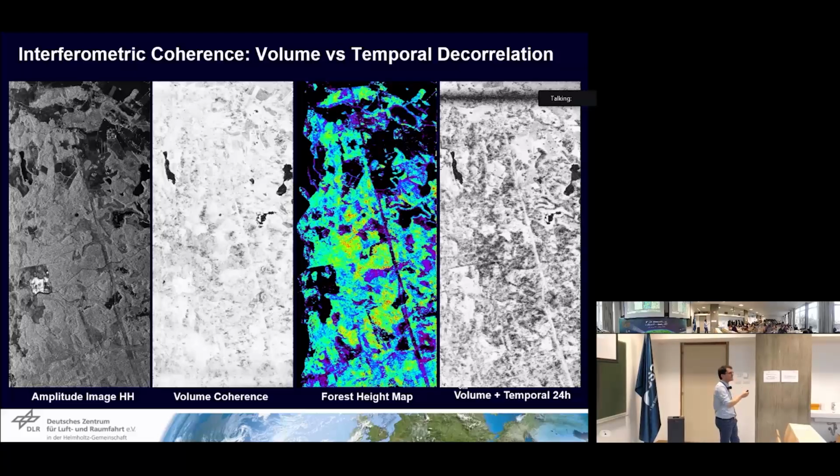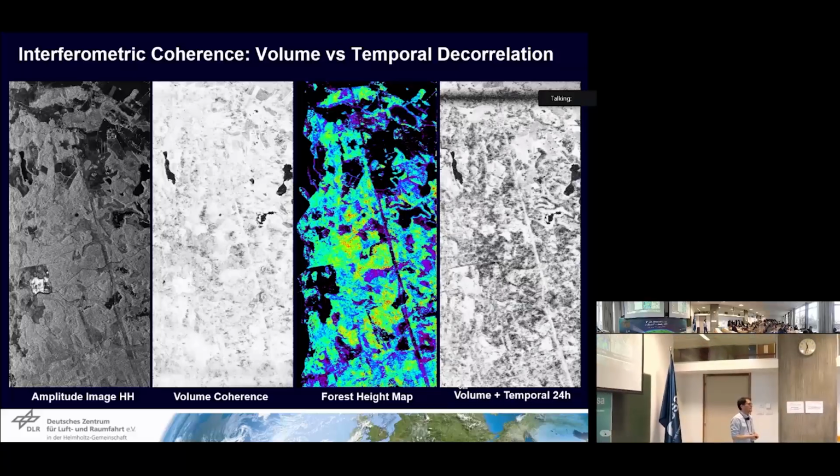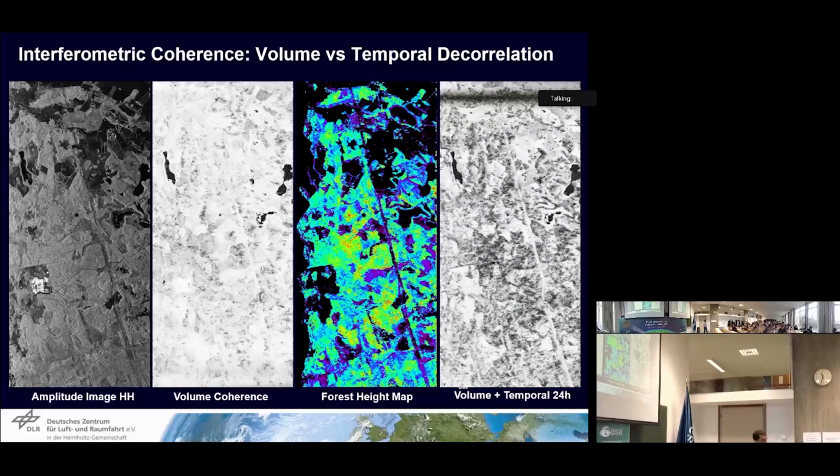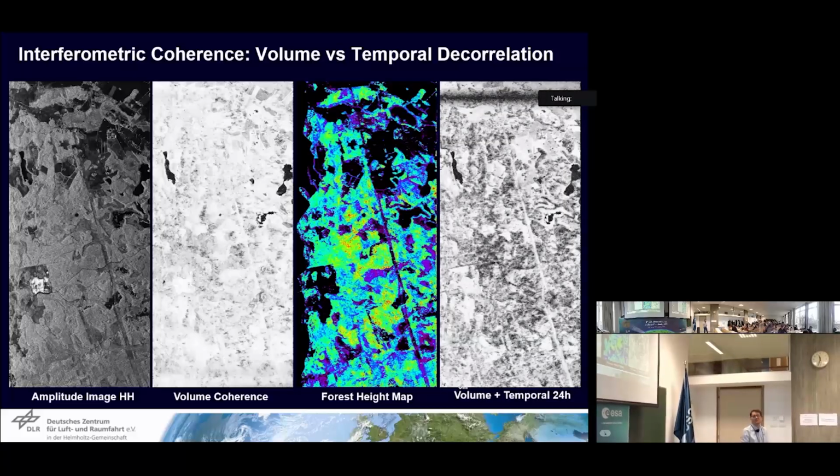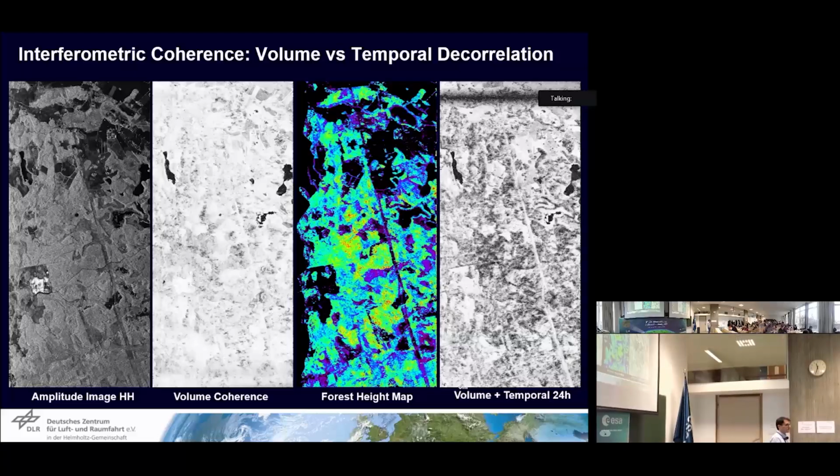So if it rains, you change the electric properties of your forest. What else can change? Fire. That's a very unlucky case, but of course it can change. But in this case, there was no fire. You may have different wind conditions.